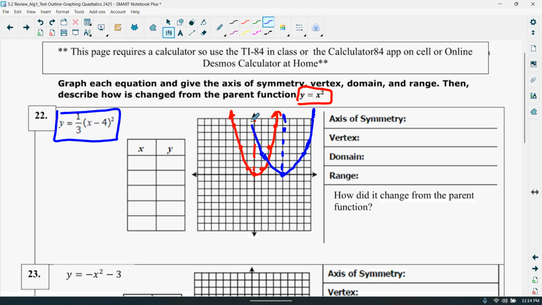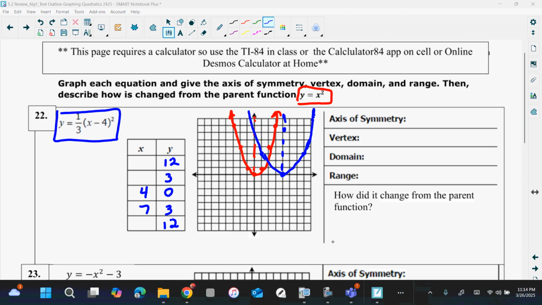Okay. I can go ahead and put my vertex at 4, 0. But then we had a 3. I'm going to do the pattern 3, 12, 3, 12. This was 7, 3. At this point right here, it looks like it is at 1, 3.